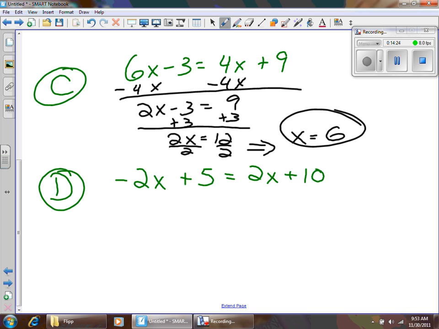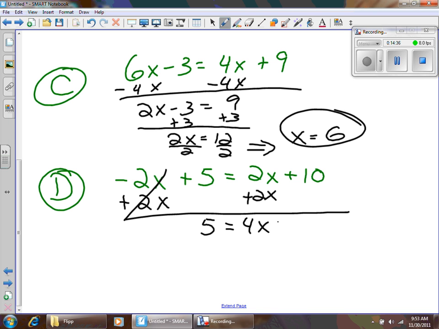All right, the solution for D is a little bit trickier. I'm going to add 2x to each side. And those will cancel, and I will get 5 equals 4x plus 10. I will subtract off 10 from both sides, leaving me with 4x equals 5 minus 10.